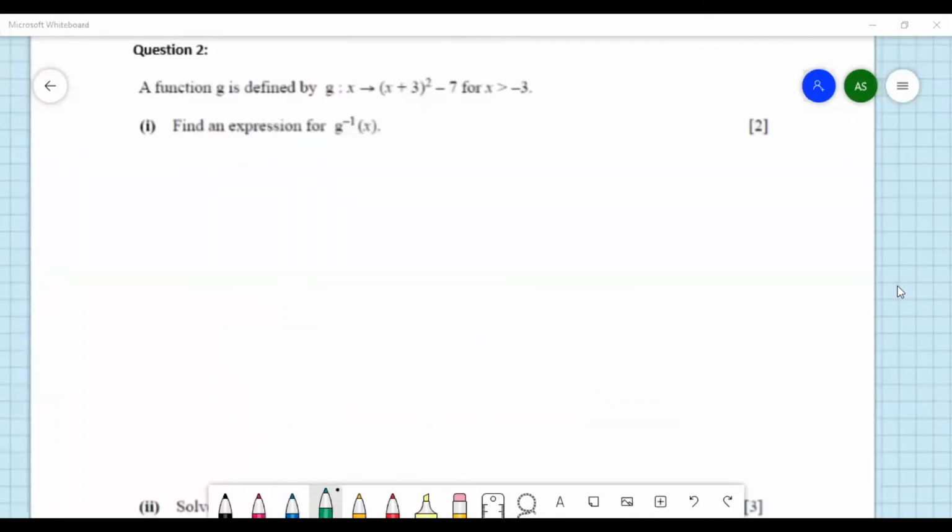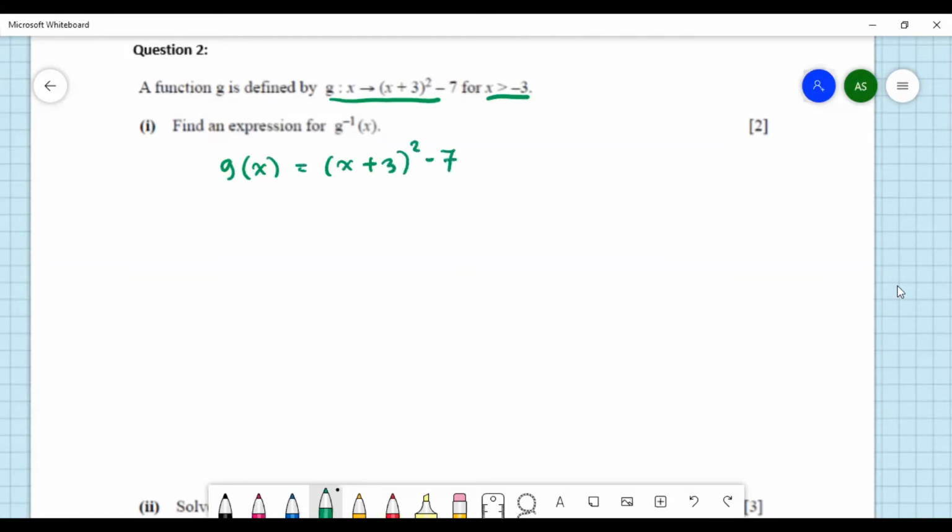Okay, in question number 2, we are given a function g defined by this for x greater than negative 3. So what we're looking for is the g inverse of x. So the first thing that we need to do is rewrite our g of x as (x plus 3) squared minus 7.